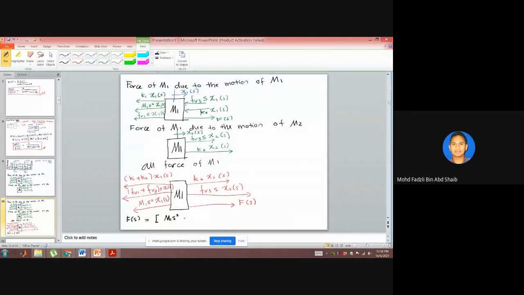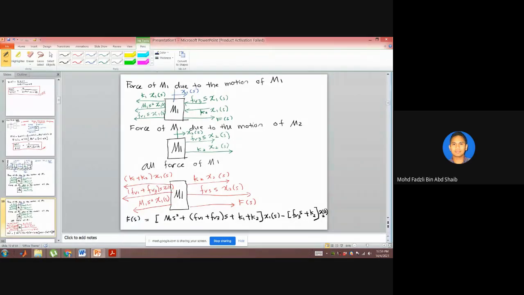Okay, M1 s square plus FV1 plus FV3 times s plus K1 plus K2, this one X1 s, minus FV3 s plus K2 times X2 s.